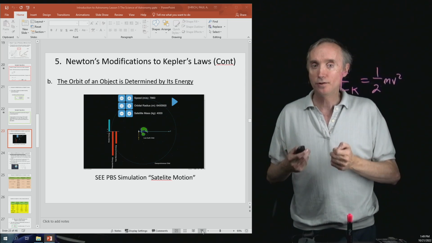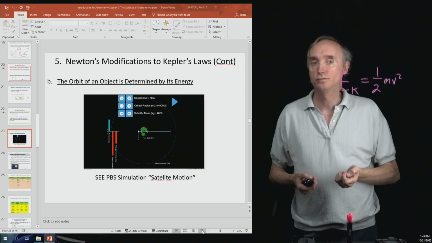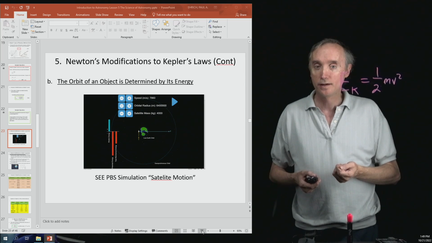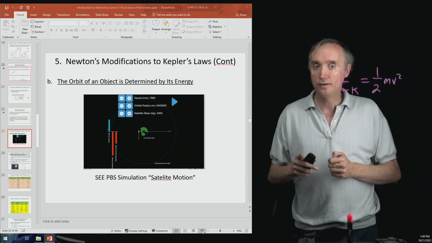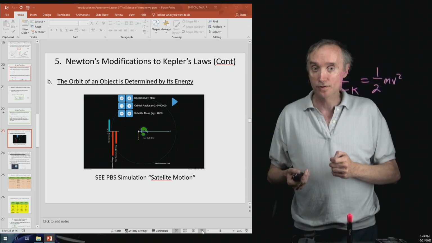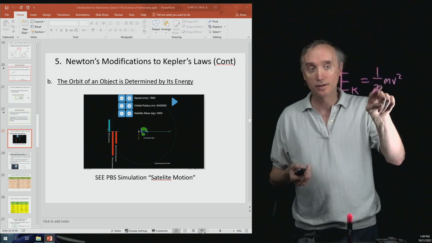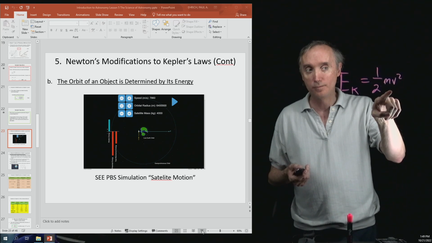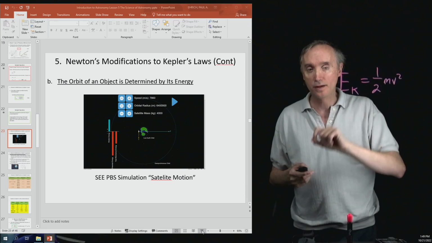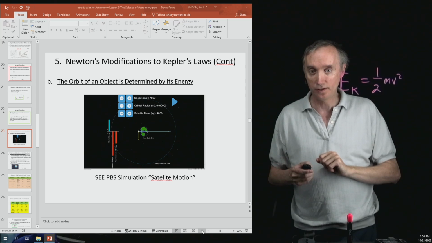Now let's keep increasing the speed though. Increase the speed, look at what happens to the orbit, and eventually you're going to find an orbit that's so fast that the kinetic energy becomes greater than the potential energy.